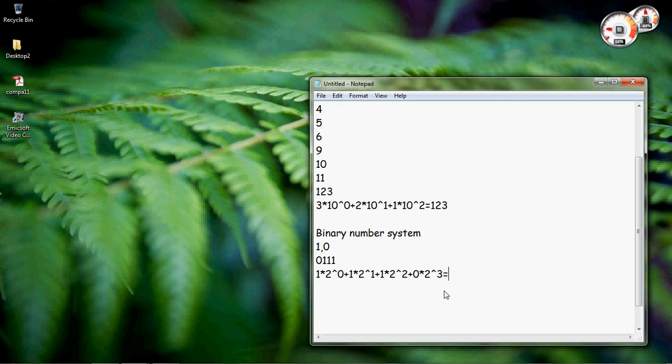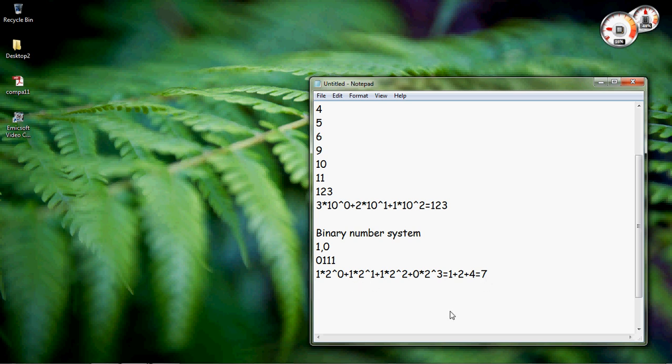The value of the first is 1, the second is 2, the third is 4, and finally the value will come to 7. So we represent the number 7 with this.